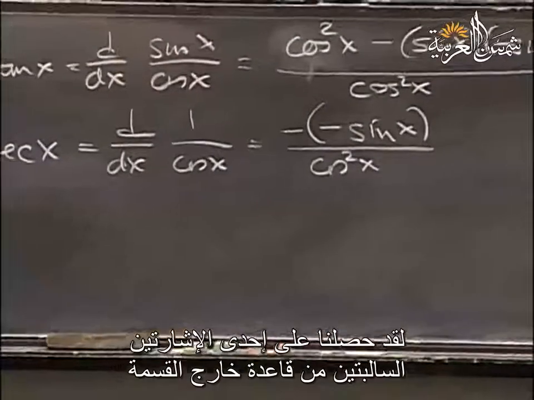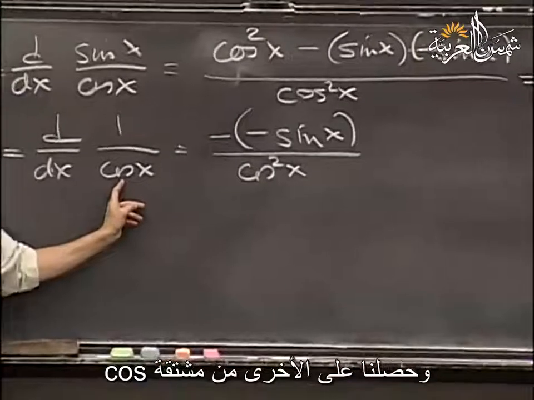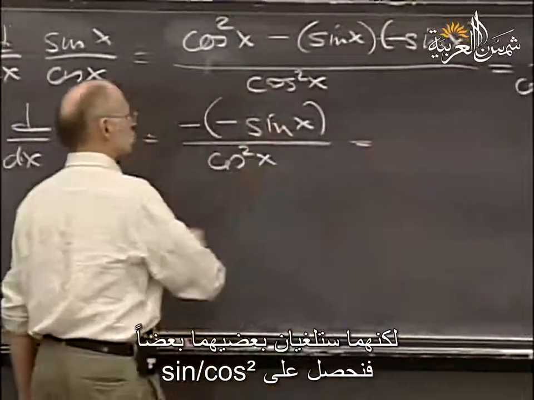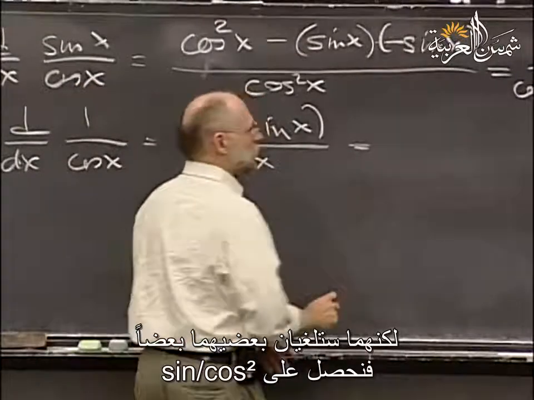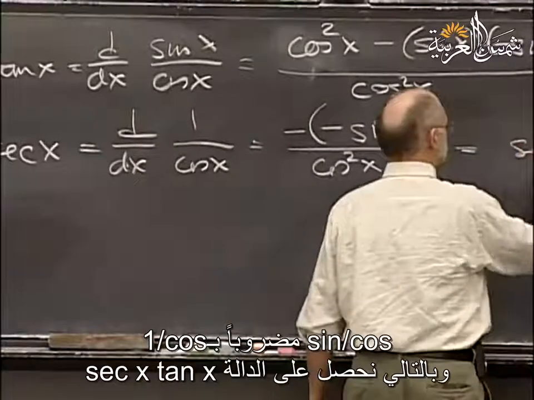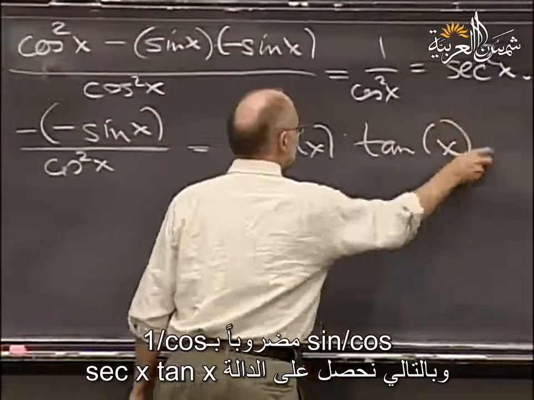So the minus sign came from the quotient rule, and the other one came because that's the derivative of the cosine. But they cancel, and so I get sine over cosine squared, which is sine over cosine times 1 over cosine, and so that's the secant. That's 1 over the cosine times the tangent of x.